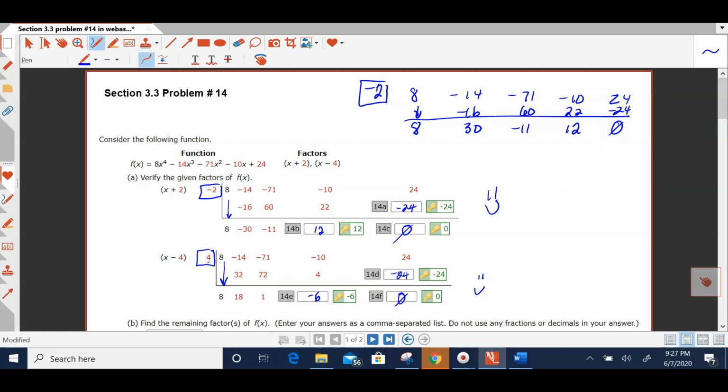Okay, so that's the result of the division by -2. Let's, from that result, do our second division with the 4 so we can get it down to a quadratic and find the last 2 factors.